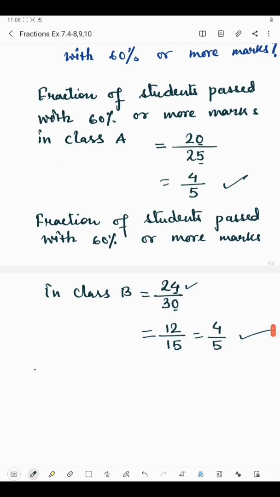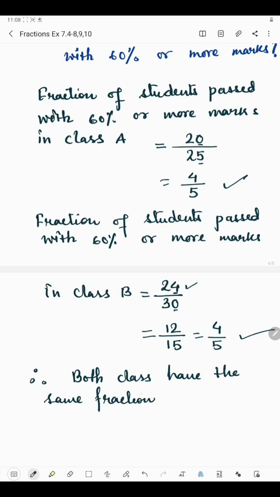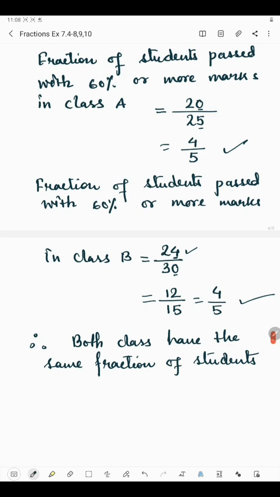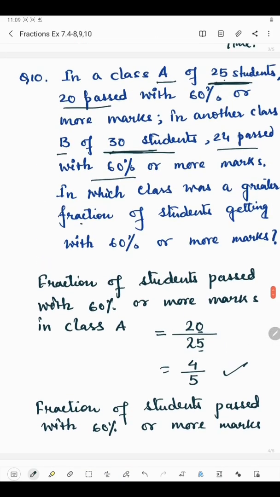So we'll write, both classes have the same fraction of students who got 60% or more marks. So this was all about question number 10. Thank you, students.